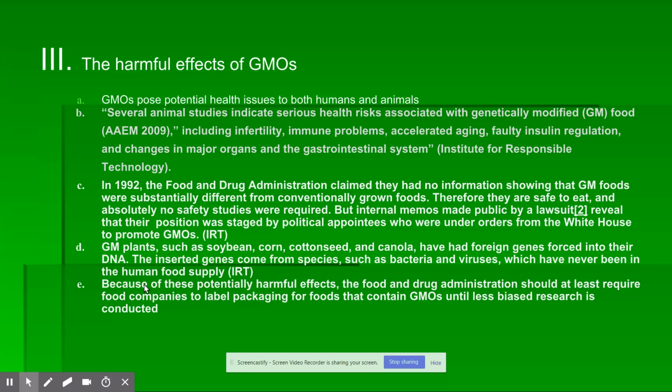For my letter E, I interpret those quotes. So this says, because these potentially harmful effects, the Food and Drug Administration should at least require food companies to label packages for foods that contain GMOs until less biased research is conducted. So again, I have my own writing here, stuck in 3 quotes from my research, and then I provided some reasoning for how that research is backing up what I'm saying.